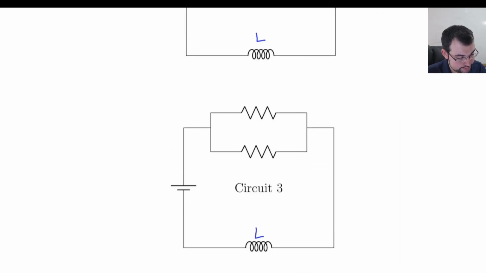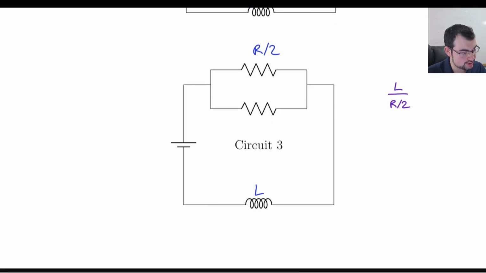And then here, we have two resistors in parallel. So if you add them by hand, you'd get 1 over 1 plus 1 over 1 to the minus 1, which is 2 to the minus 1, or 1/2. But remember, if you have identical resistors in parallel, they just divide. So here we would get L divided by R divided by 2.